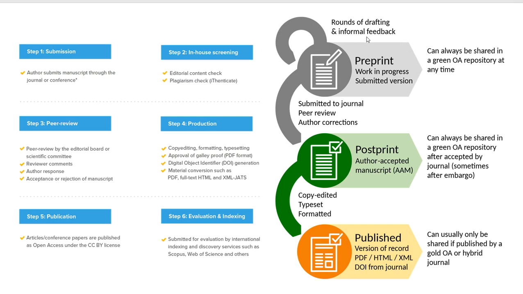Some preprint servers are Cornell University's, and so many publication platforms are also there. Next, drafting information and feedback can always be shared in a green open access repository at any time. Why? Because there is no review system.